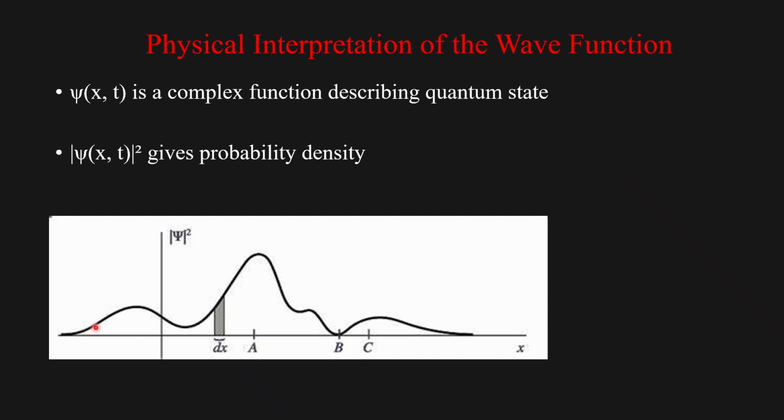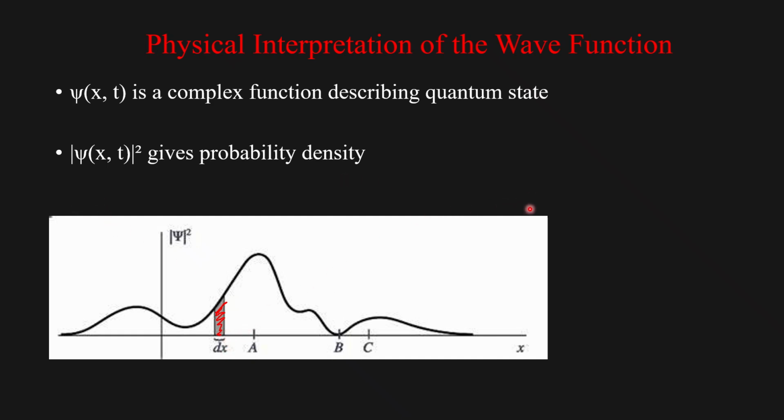For example, let us say the y-axis is the modulus square of the wave function with respect to the distance x. Here I am selecting a small length element dx. So this gives the probability between the point A and B, that is, within the small length dx.